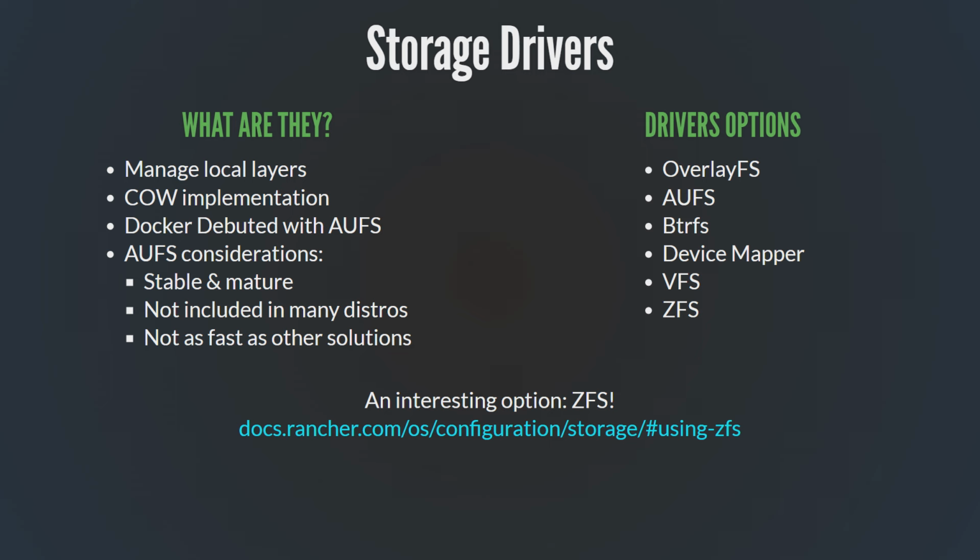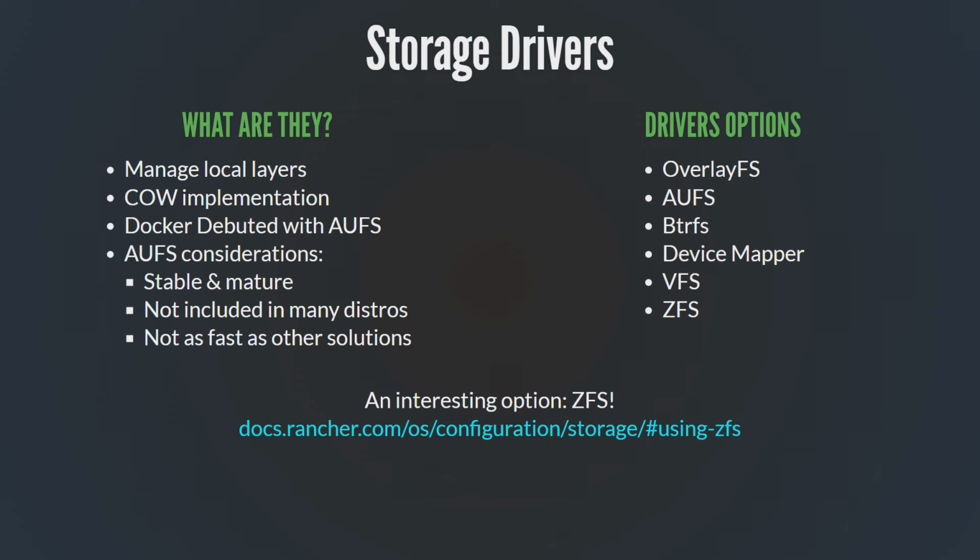And by default, it's a copy on write implementation, and Docker debuted with AUFS as the implementation for that. So every time a container wrote to a base image, it would create a new layer, right? And then the container would use all the data in that layer. There are some considerations with AUFS though.